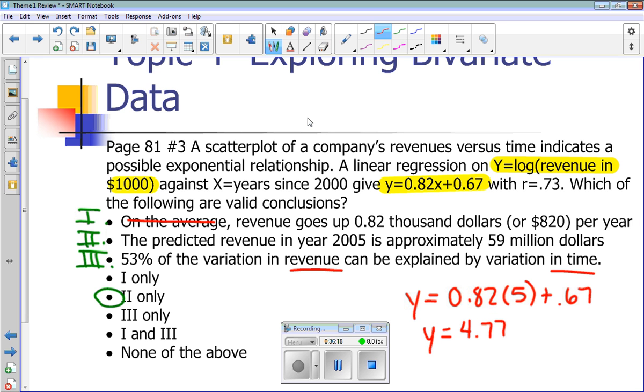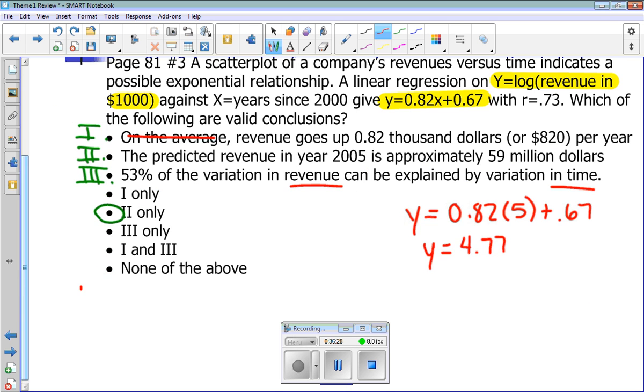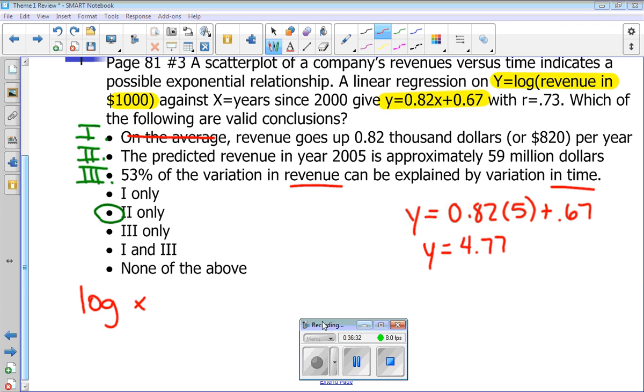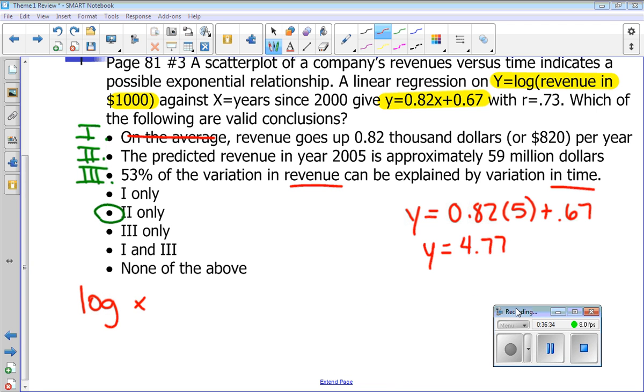The problem is that this says the log of x, correct? So we have to think about the log of x and its relationship, and you may or may not have been taught this back in Algebra 2. This is why this is one question, and if you don't get it, who cares? But for those of us that care, the log base 10 of x is equal to y, which means that 10 to the y is equal to x.